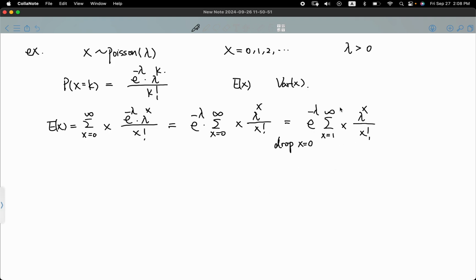Okay, then another thing that we can do here. Let me point out one quantity that you have learned in your calculus class: e to the power of x can be expressed as the summation from k equal to 0 to infinity of x raised to the power of k over k factorial.